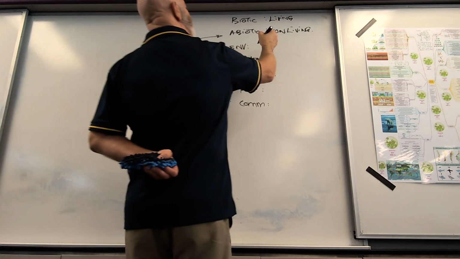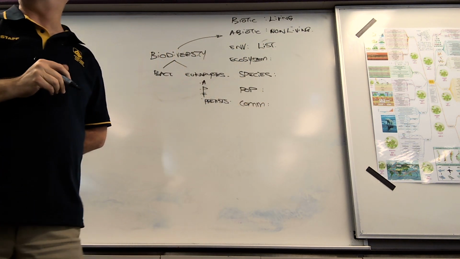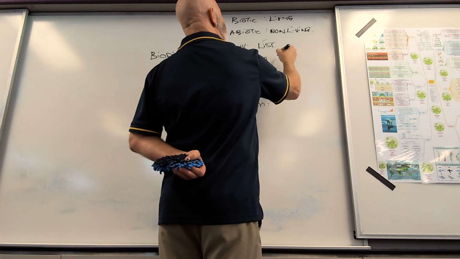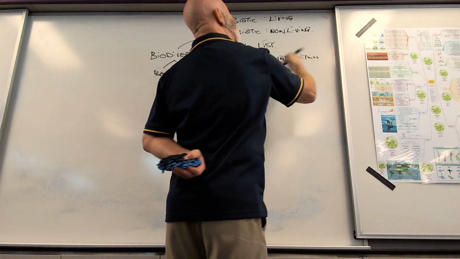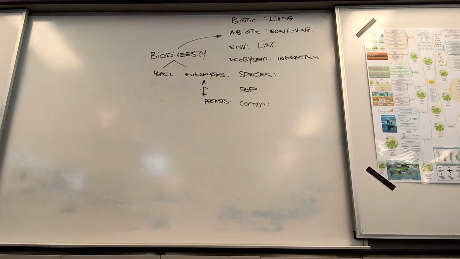An environment is just a list of all the biotic and abiotic factors. And an ecosystem is the interaction, the relationship between those biotic and abiotic factors. It's how temperature influences the population. It's how the availability of water influences the population. It's an interaction between all of those factors.